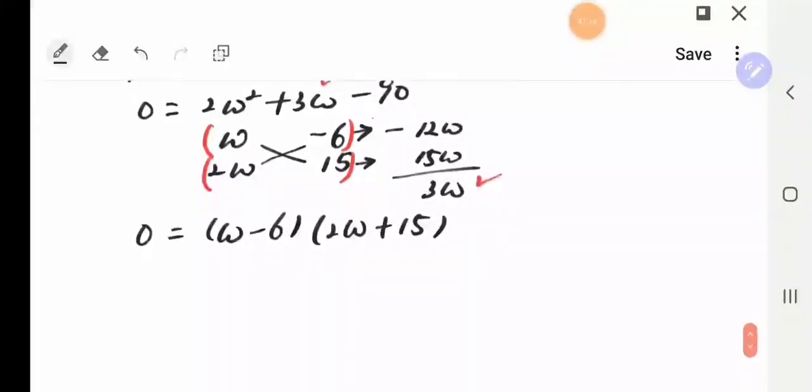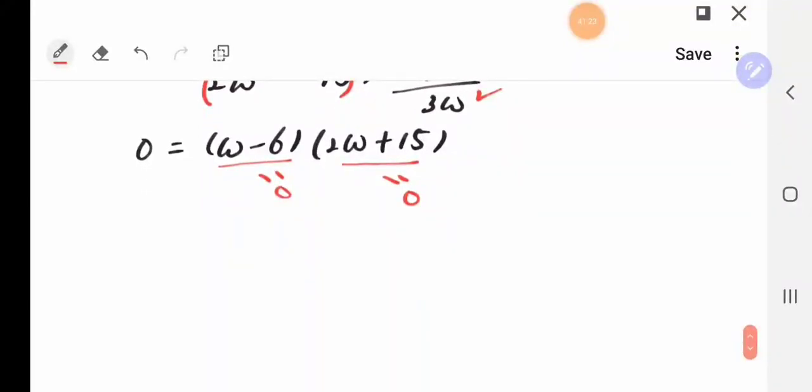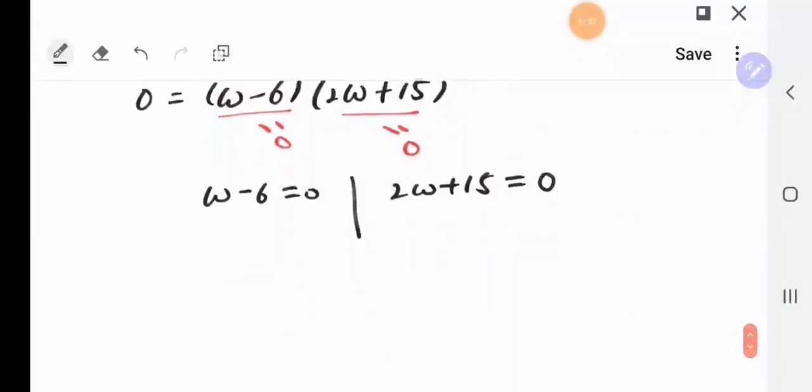From this equation, we can set each factor equal to 0 to find W. From the first equation, W is 6, or 6 meters.